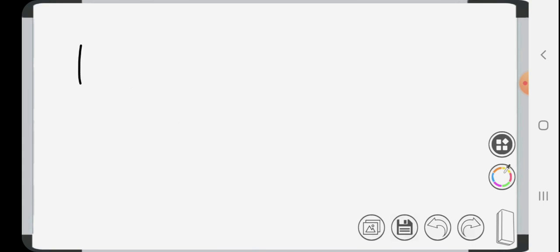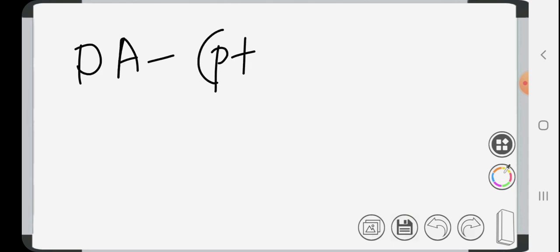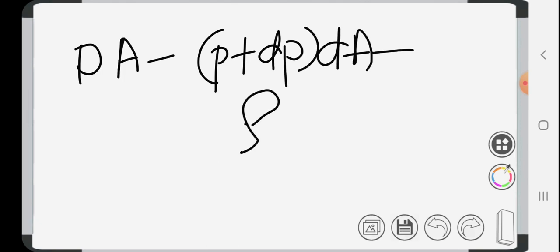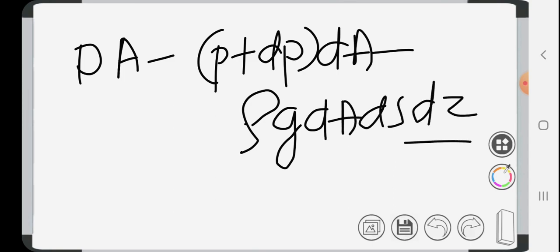So if you take into account all three, P dA minus (P plus dP) dA minus rho g dA ds dz by ds.